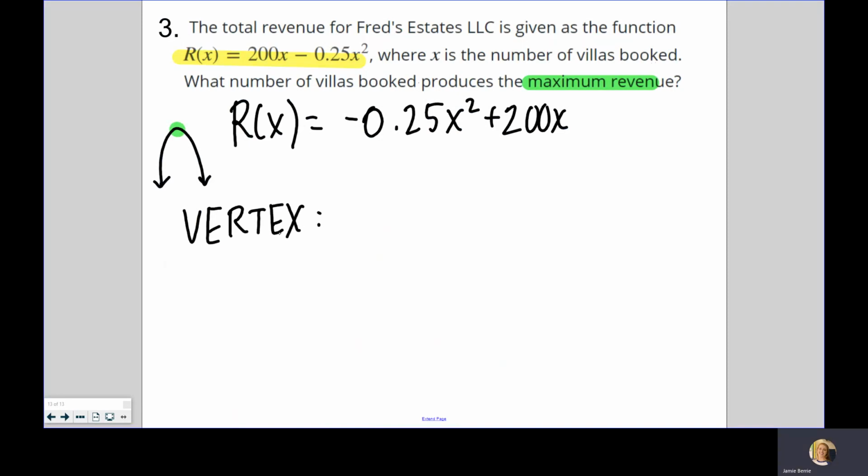But let's see if we need the whole vertex or what we need. It just wants to know what number of villas booked produces the maximum revenue. X is the number of villas booked. So we only need to find the x coordinate of the vertex. Now I'm going to show you how to find the x and the y coordinate just so you can see an example. But for the problem, they're only asking us to find the x coordinate of the vertex.